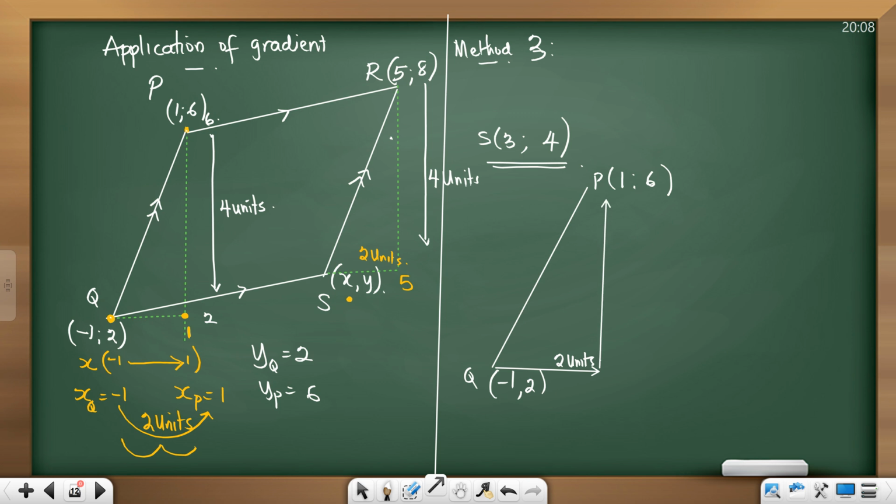And from 2 to 6, it was 4 units. The change in Y changed by 4 units, by the change in X. Done. Gradient of PQ, it's 2. I am done with my lesson.